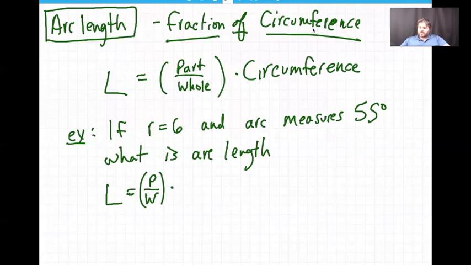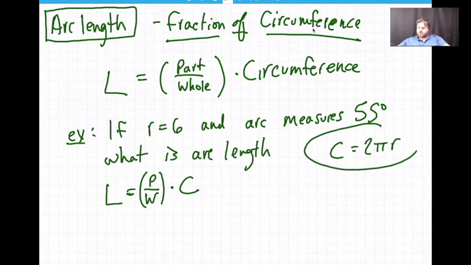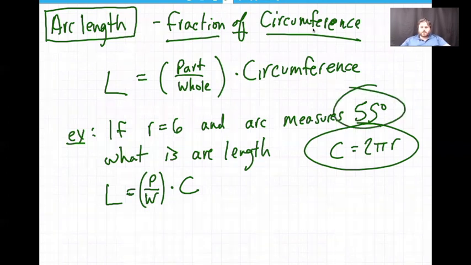Now remember, off to the side here, I'm going to remind you that 2 times pi times r, that's the circumference. That's the formula. So what is the fraction of the whole circle we're talking about? Well, we're talking about 55 degrees, right? So just put 55 degrees out of the total number of degrees in a circle. If you think about a circle, it's all the way around, that's 360 degrees.